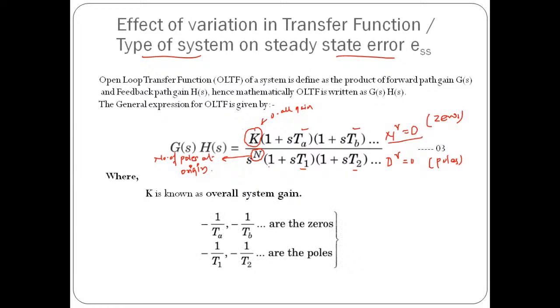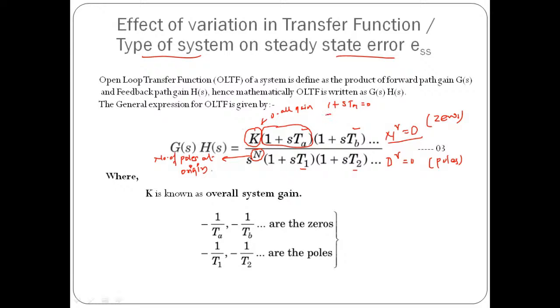So K is the overall gain of the system, and 1 upon Ta, 1 upon Tb with negative sign. That means in order to calculate the value of zeros, you equate this particular term to 0, like 1 + sTa = 0.